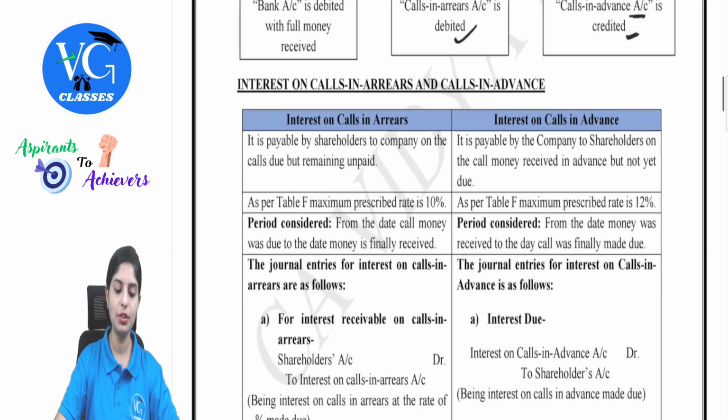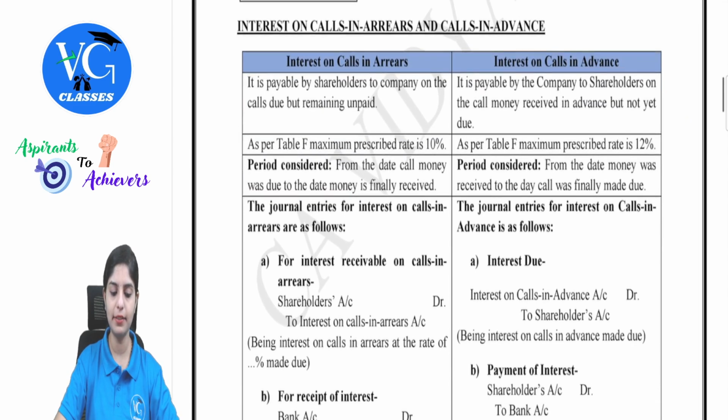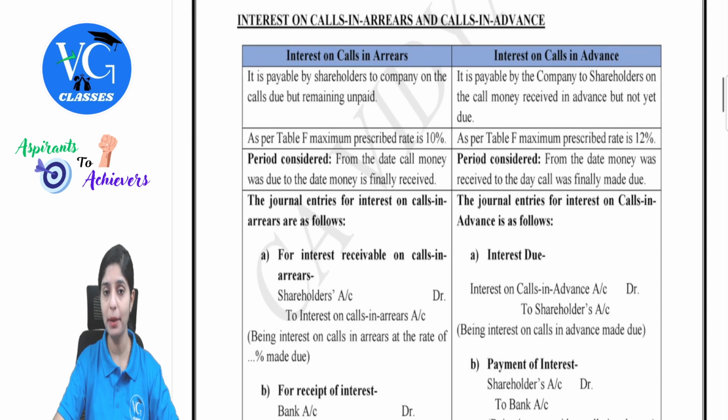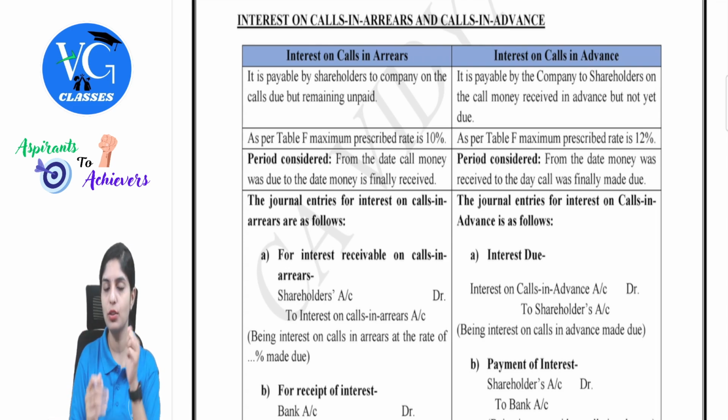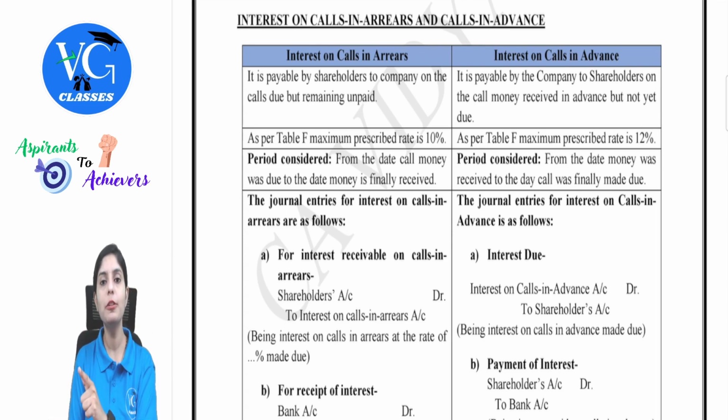Next, interest on calls in arrears and calls in advance. Again, another important topic. So carefully understand, guys. You had made a call, so that was with respect to due. When the time of payment came, some of the shareholders didn't pay. This is calls in arrears. Some of the shareholders paid well before the installment time arrived. So that is calls in advance.